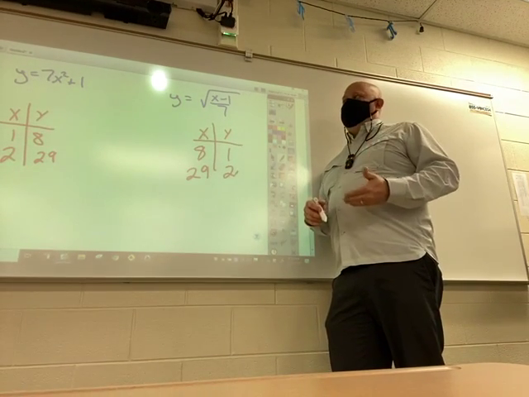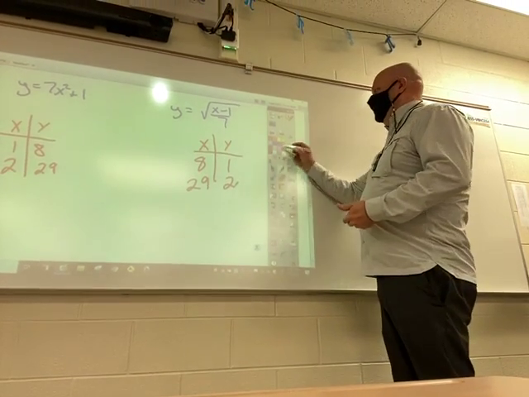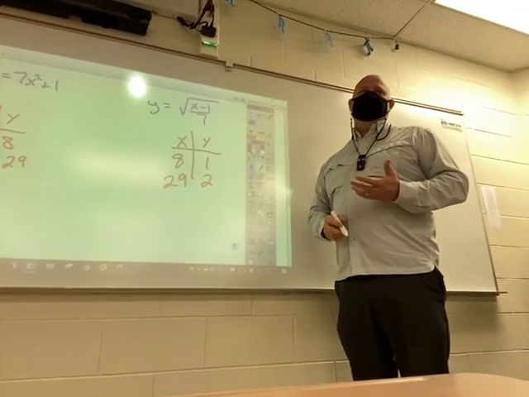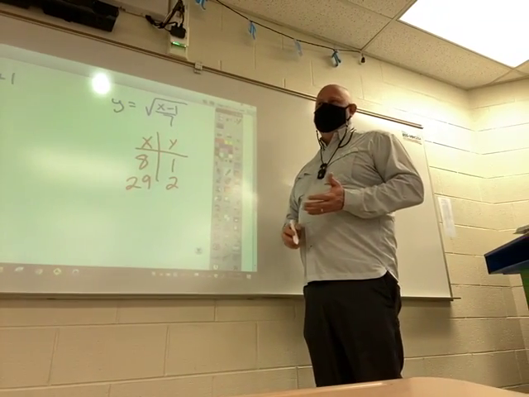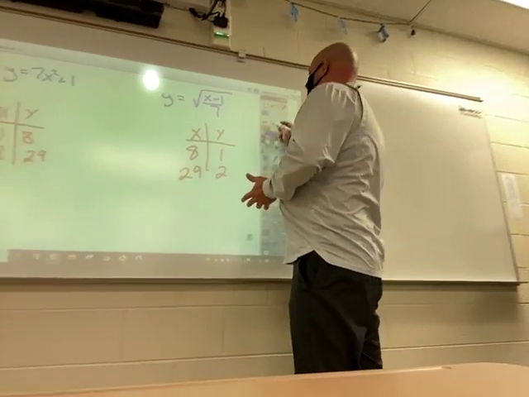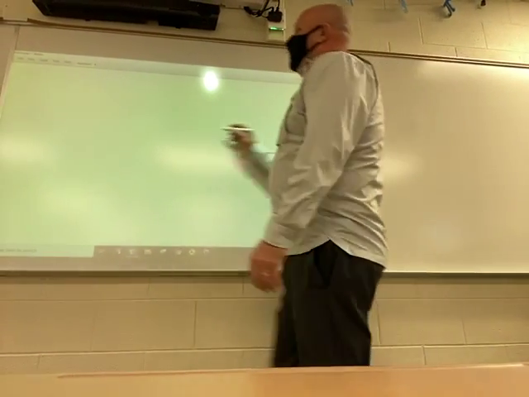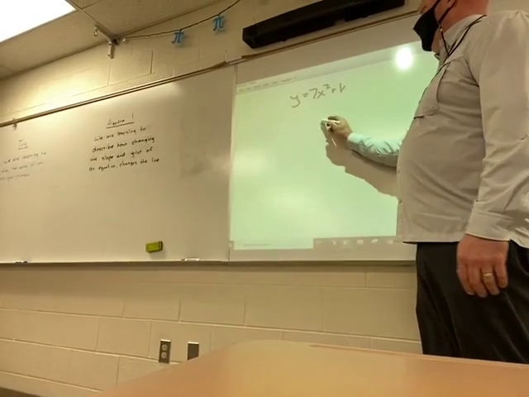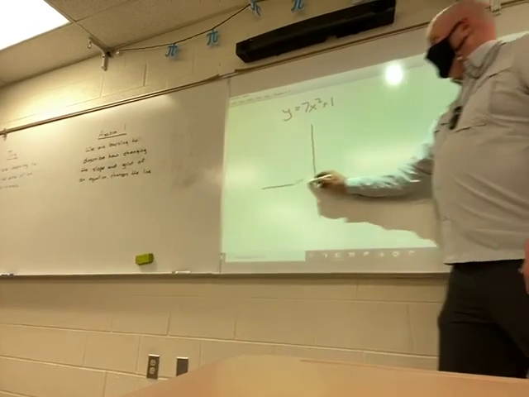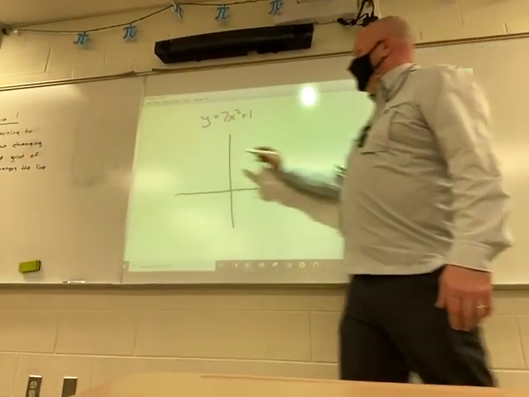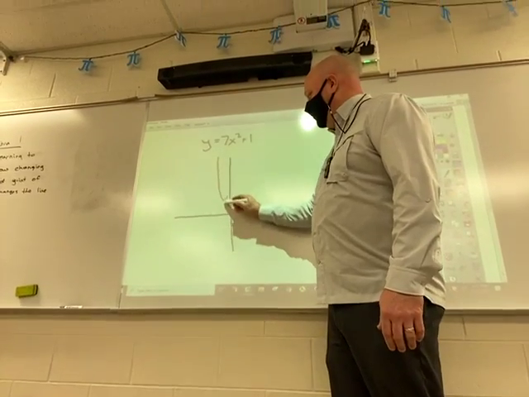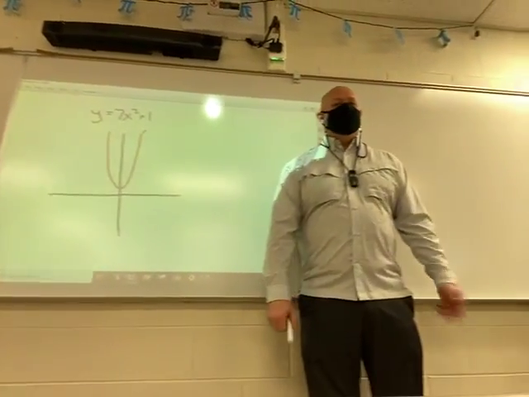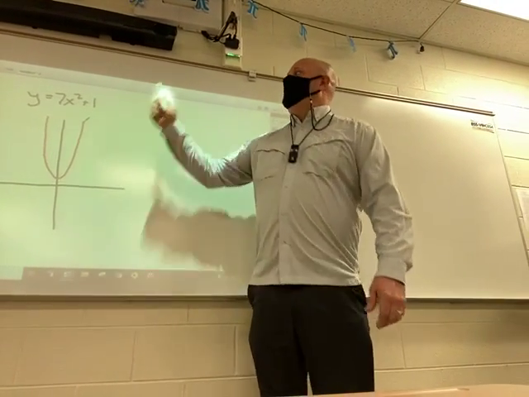Now, graphically, what ends up happening, you guys remember what happens with inverse functions graphically? No, it doesn't go upside down. So what ends up happening graphically, if you have 7x squared plus 1, this, we all know, is going to be a parabola. It's going to be a pretty skinny parabola that looks like this, right? All x squared graphs are parabola graphs.